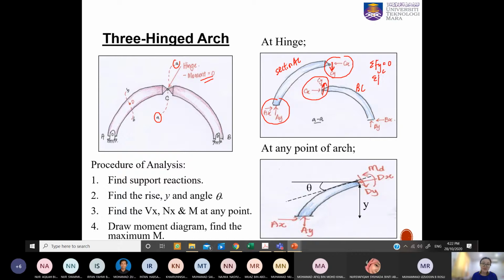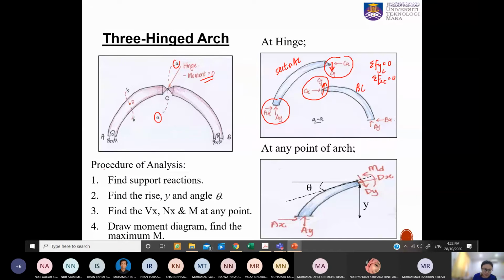Similarly for summation F_X. And for moment, there is no moment at this hinge. So by using this concept, we can later determine the support reactions and some of these forces.